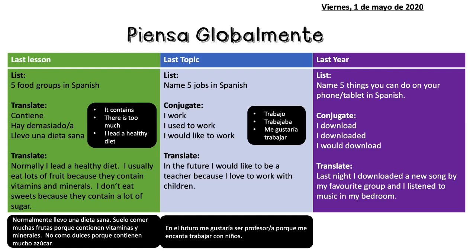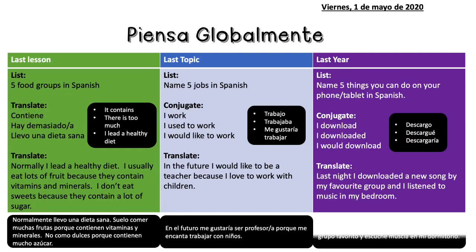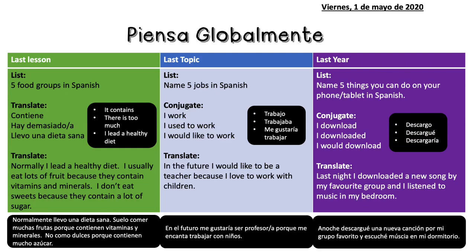Module 3, you check the sentences there. Okay, I download, descargo, I downloaded, descargué, yeah. Check the spelling there, you need a U, you don't pronounce it, but you write it. And I would download, descargaría. In the paragraph, anoche is last night.